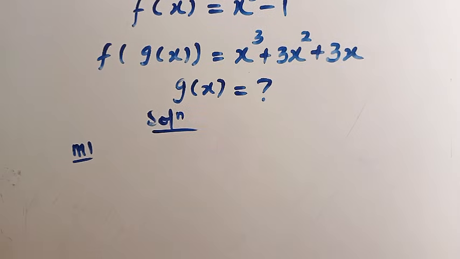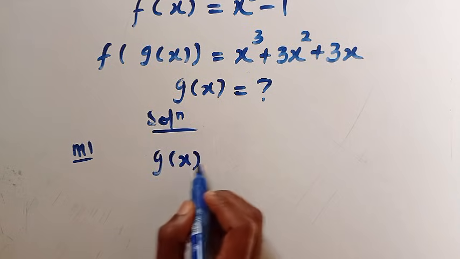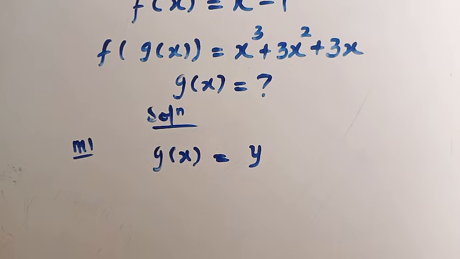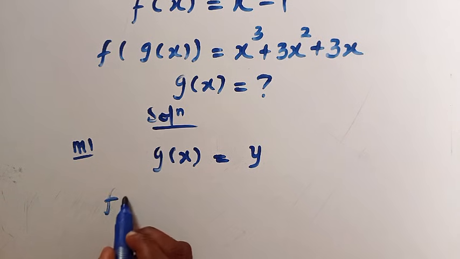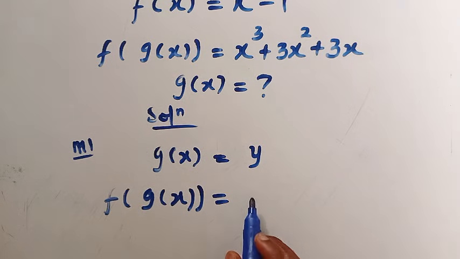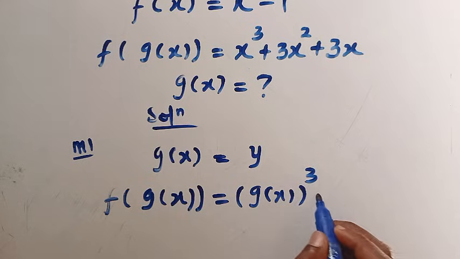For the first method, suppose I let the g of x that we need equal y. So for f of x equals x cubed minus 1, changing this x to g of x, we have f of g of x equals, instead of x, we replace it with g of x, all raised to power 3, minus 1.